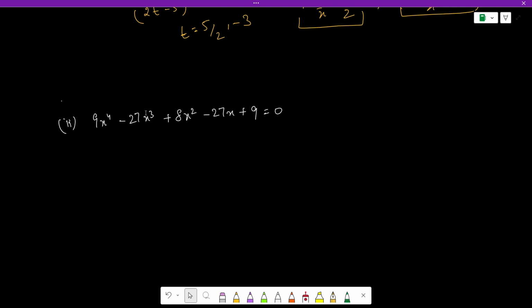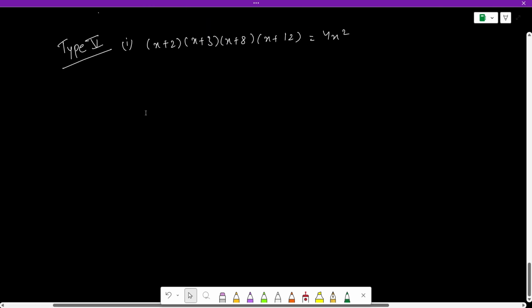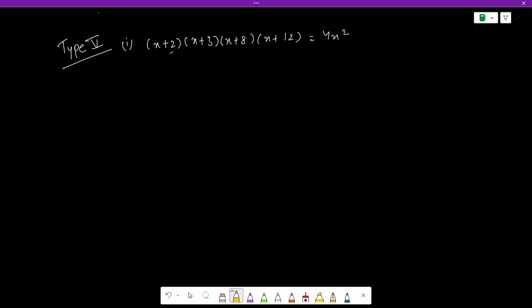Alright, now let's move to the next type. Now this is similar to a type that we have already seen, but in that type the sum of these constant terms were equal, but in this what you can notice is that the products are equal. 12 times 2 is 24 and 8 times 3 is also 24.